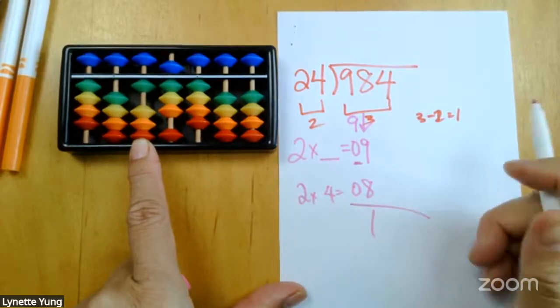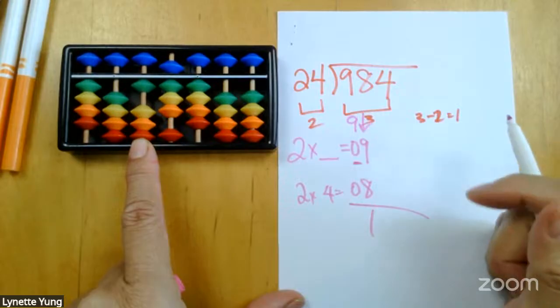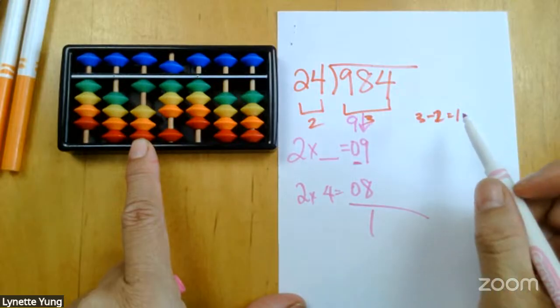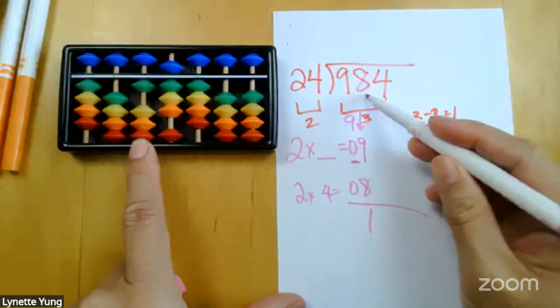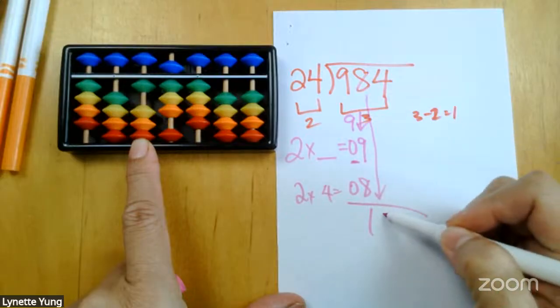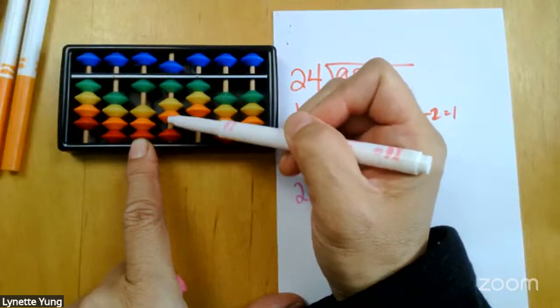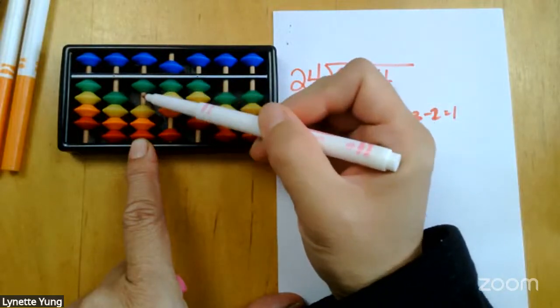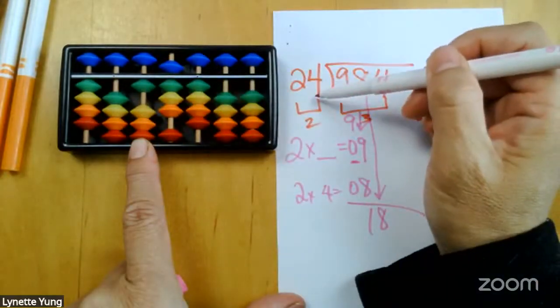We're left with 1. Then you bring down this 8. You look here and see how many times 2 goes.